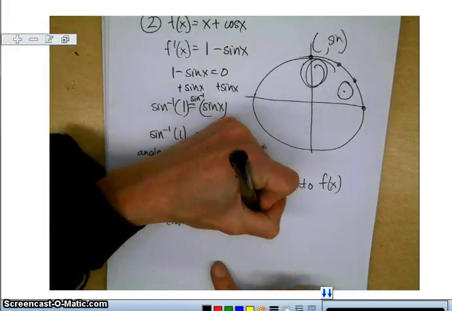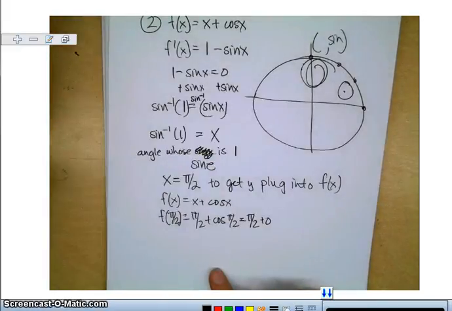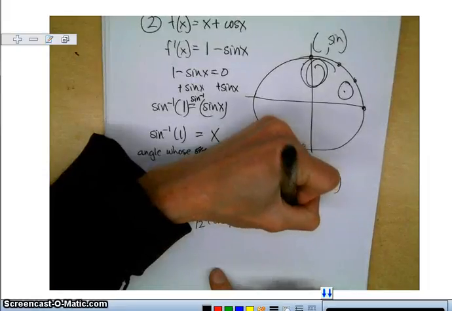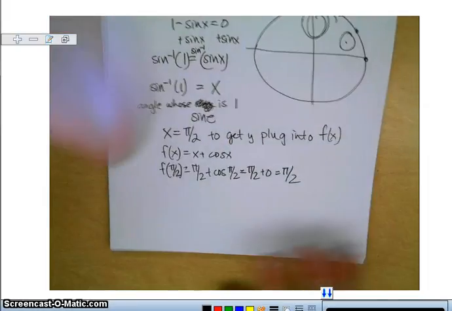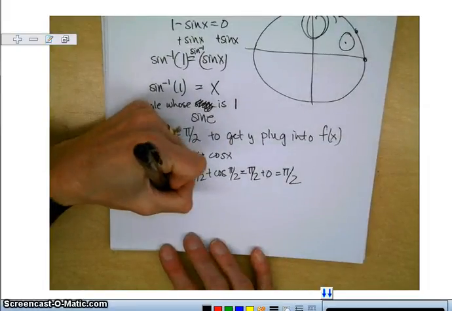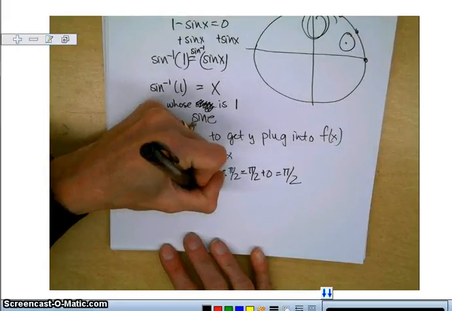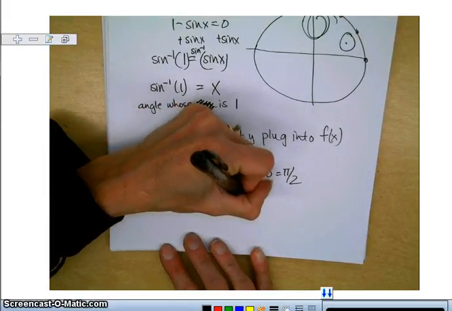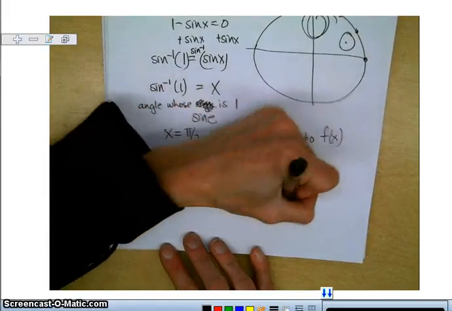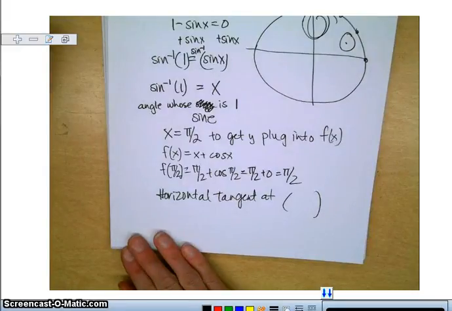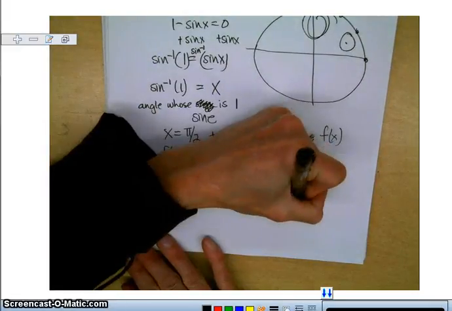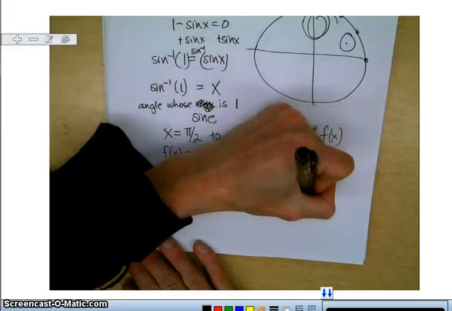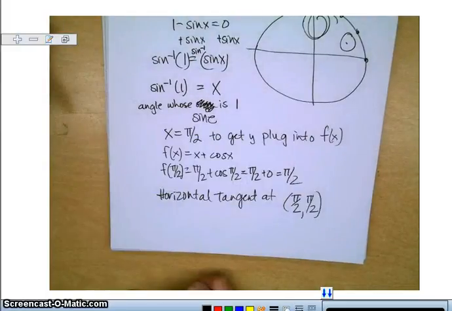So pi over 2 plus 0 is pi over 2. So what is the horizontal tangent? Horizontal tangent at the ordered pair, what? What was the x value? Pi over 2. And the y value is pi over 2. So that's the place where it's going to have a horizontal tangent.